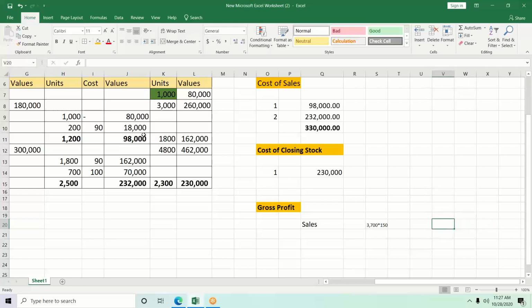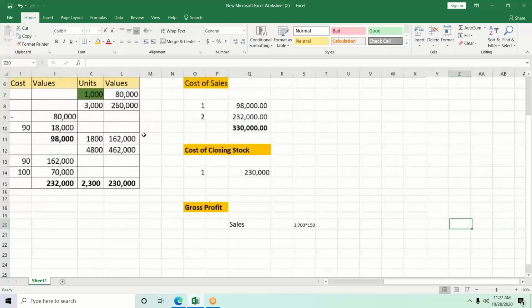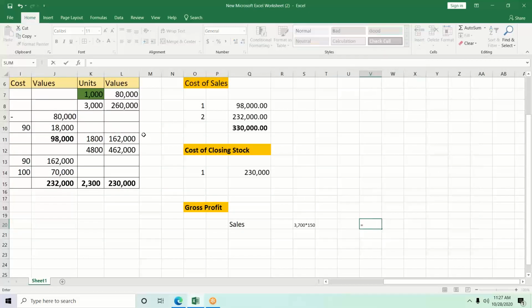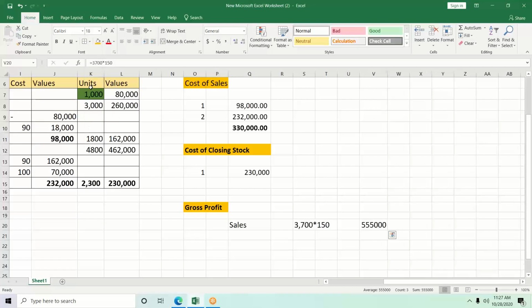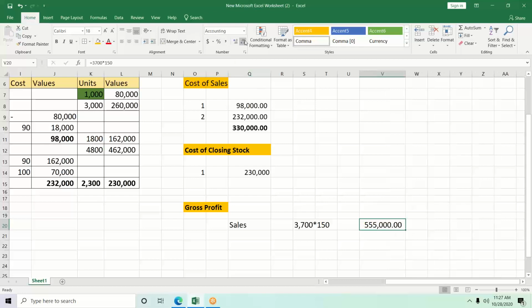How do you calculate the value of it? 3,700 into 150, which is 455,000, rupees 455,000. Cost of sales, how much?